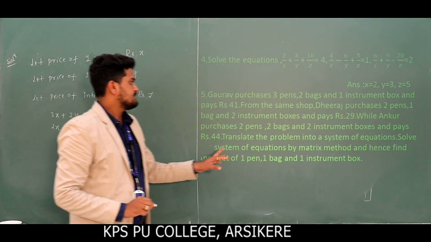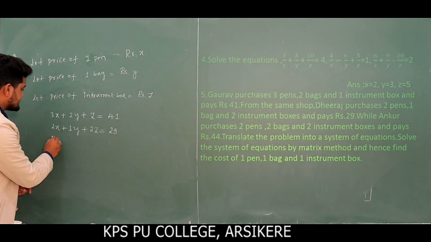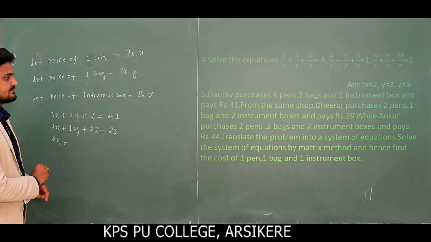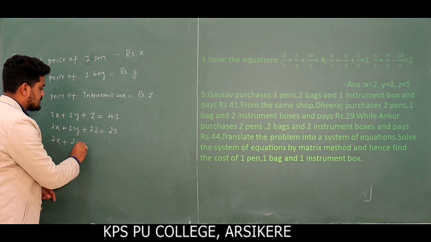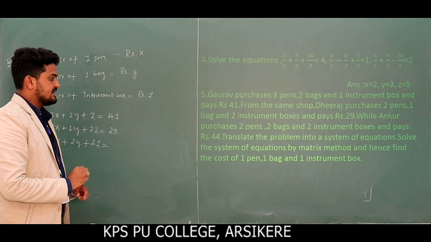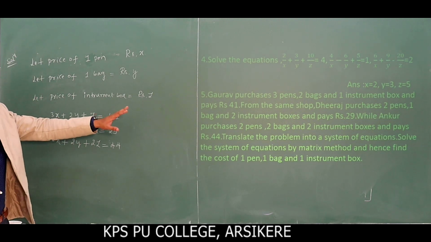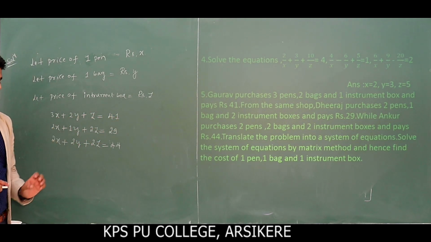The last one, Ankur purchases 2 pens, so 2x plus 2 bags, 2y, plus 2z, which is equal to 44. See, the given data in terms of linear equations.